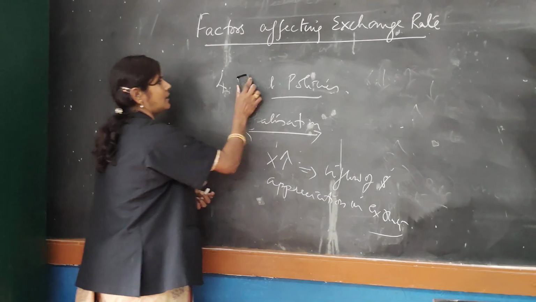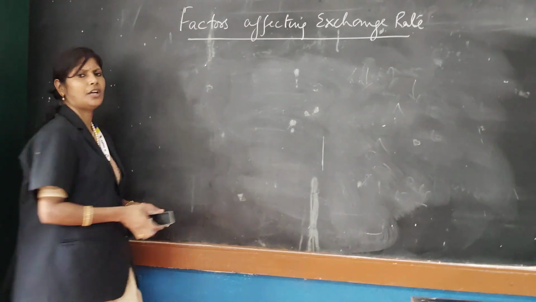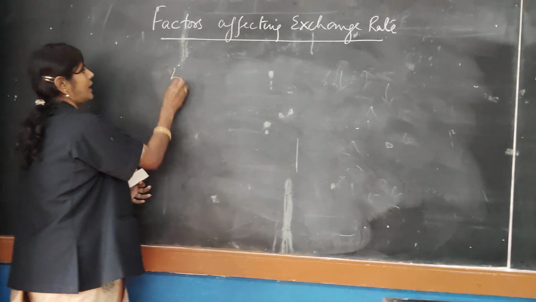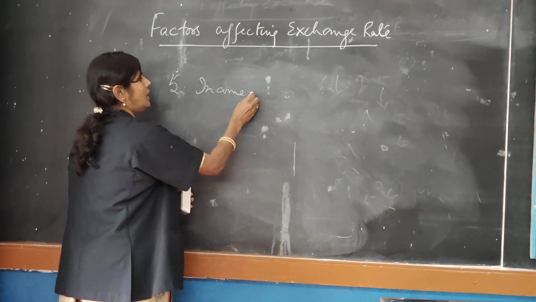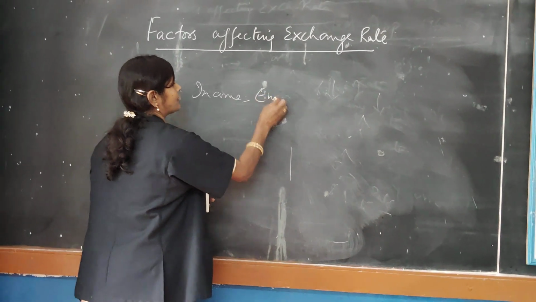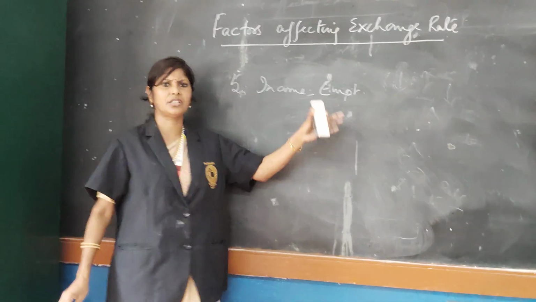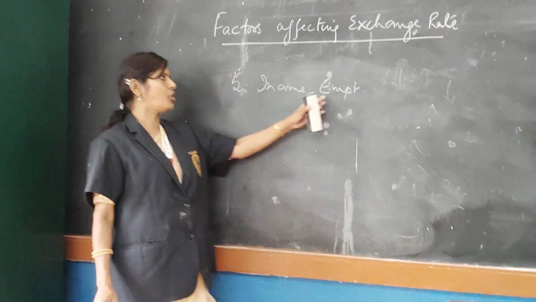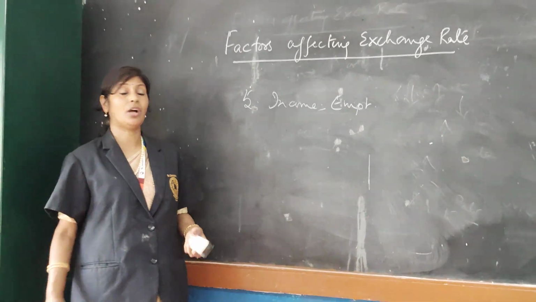So other, say for example, income. Another very important, the fifth factor that I would like to explain is the income of the people. Income, along with that, the employment factor. These are the economic variables which are related to each other, the employment level and the income level, okay? Or the salary, or consumption.